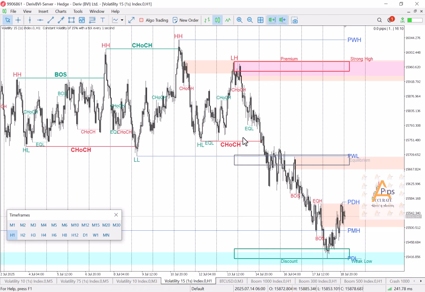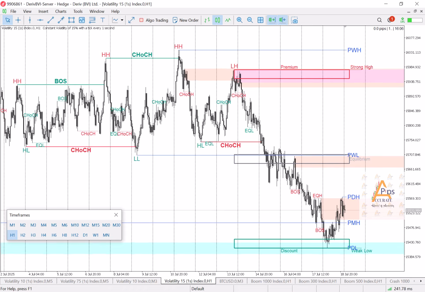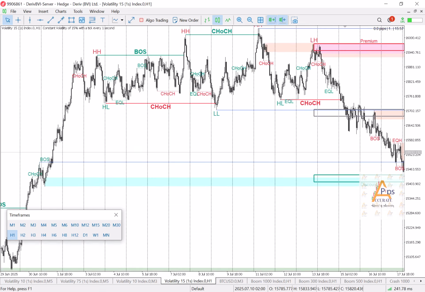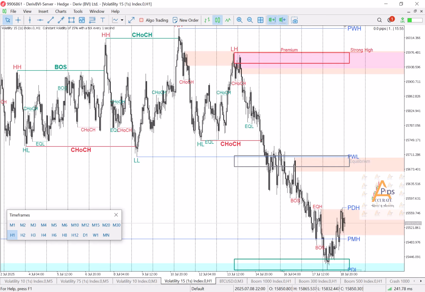So on H1, we can see the market being bearish, but remember that on H4, the bearish move we were having was our internal move. So the internal move we were seeing on H4, which was bearish, is caused by H1. Okay, so our system is already giving us a clue.